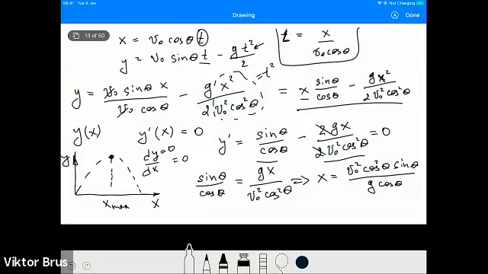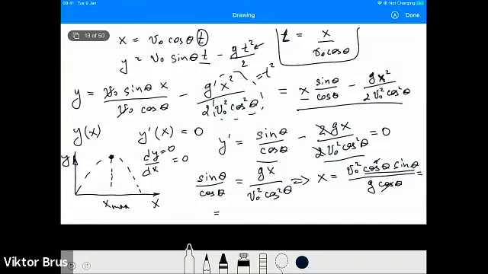So now we have to cancel out this square and cosine theta in the denominator, and we get the expression for x. Also keep in mind that this is a product, cosine theta multiplied by sine theta.